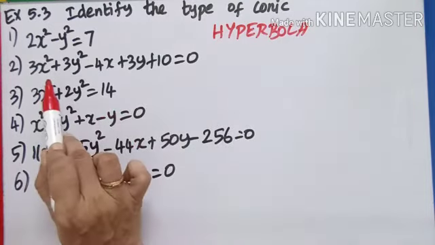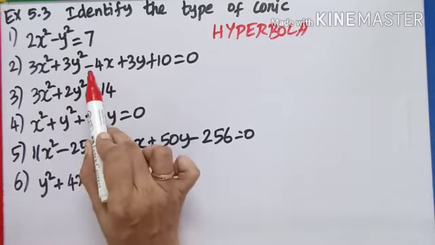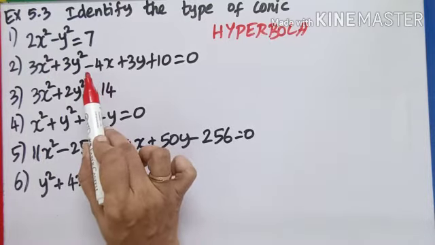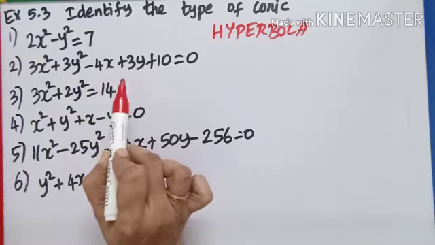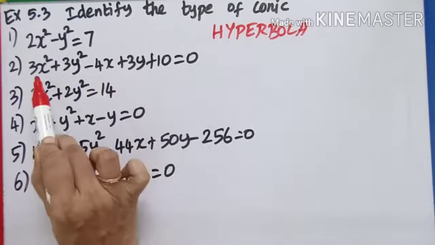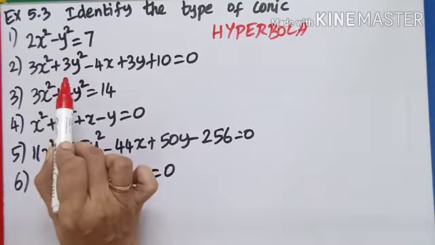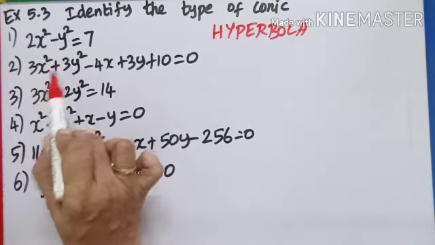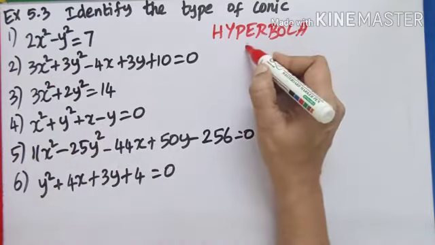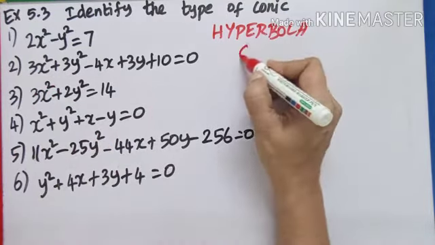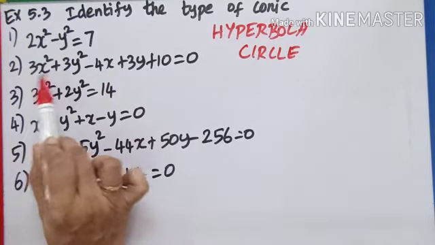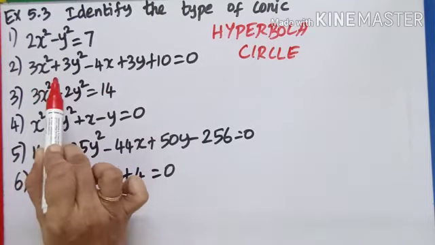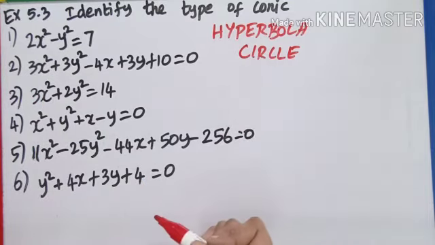The second equation, here there is no xy term. Whenever there is no xy term, it may be a circle or parabola. Here, both x square and y square are present, having the same coefficient. So, this is a circle. No xy term and x square and y square having the same coefficient tells me it is a circle.